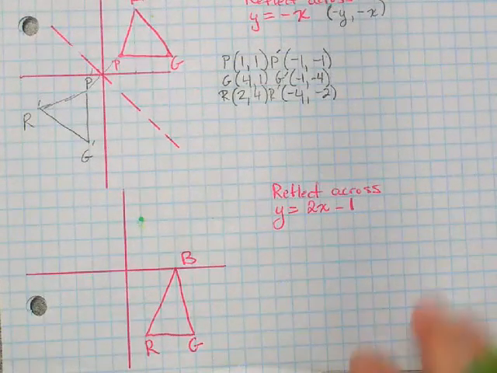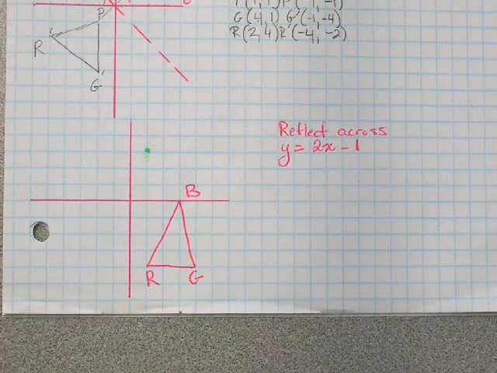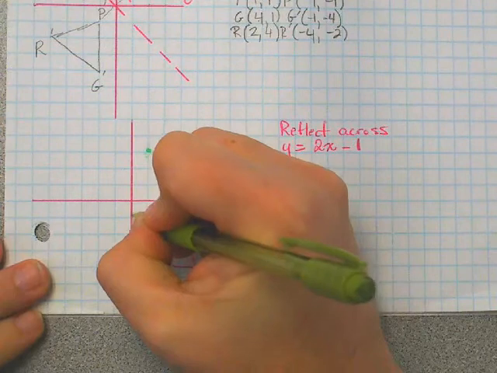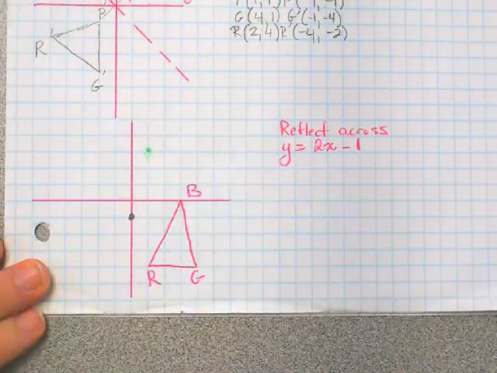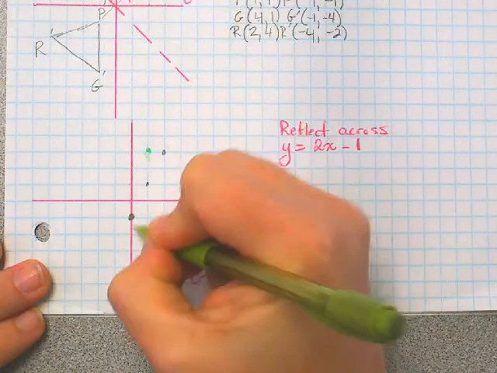We have one more. What about reflecting across the line 2x minus y? Try and draw in what 2x minus y looks like as a line first. Where is your intercept, and then what's your slope? Your intercept would be negative 1, and then your slope would be positive 2.